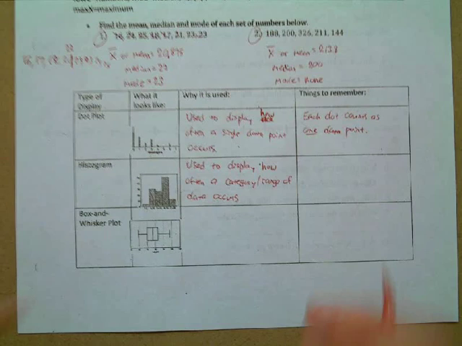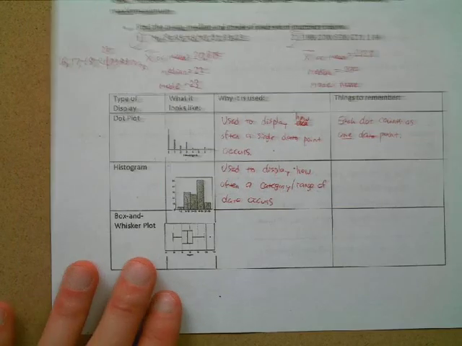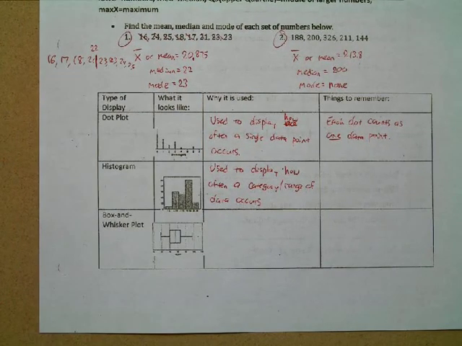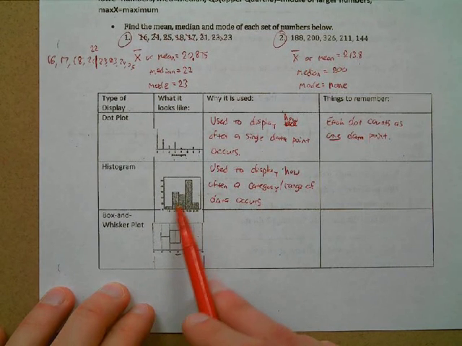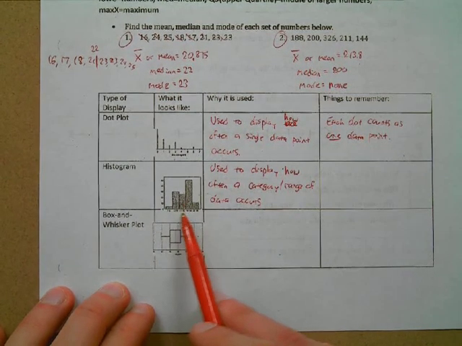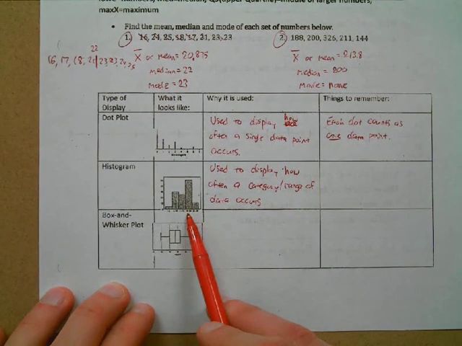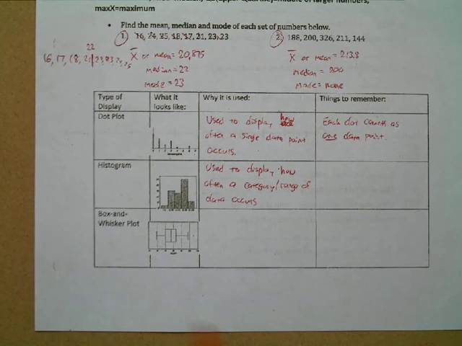Okay? So you see the major difference here. I'm going to zoom in so I can try and show this to you here. Okay? For a dot plot, you have individual numbers graphed. For a histogram, you'll have ranges of numbers graphed. Right? You can see this first bar is for 1 to 4, or 1 to 5 maybe, and the second bar is for 6 to 10, the next bar is for 11 to 15, the next bar is for 16 to 20, the next bar is 21 to 25. So it's a range of data.